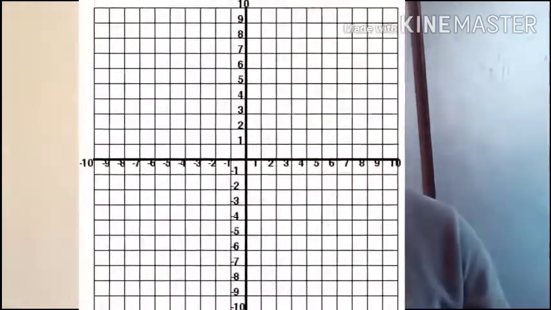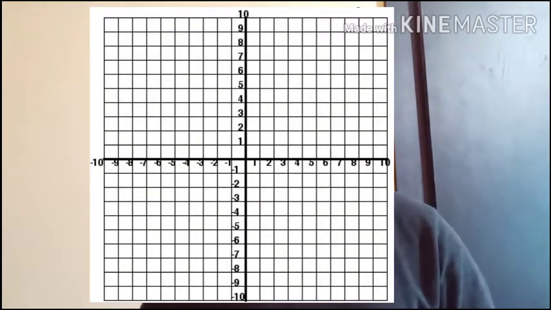So now let us come back to coordinate geometry. What exactly does coordinate geometry mean? When the name coordinates comes up, you can think it may be a graph, something like that.